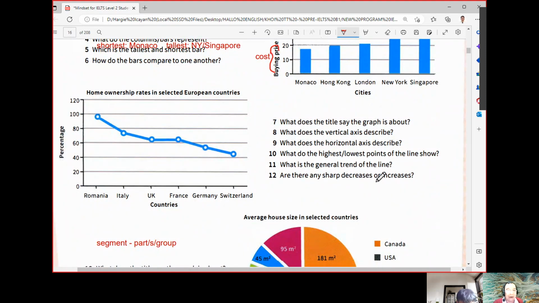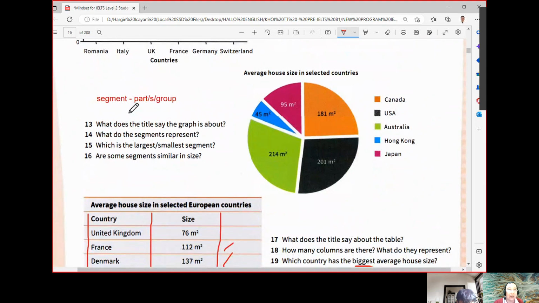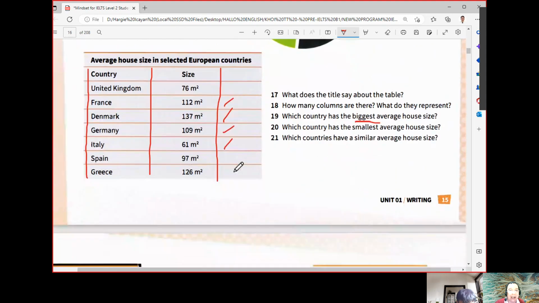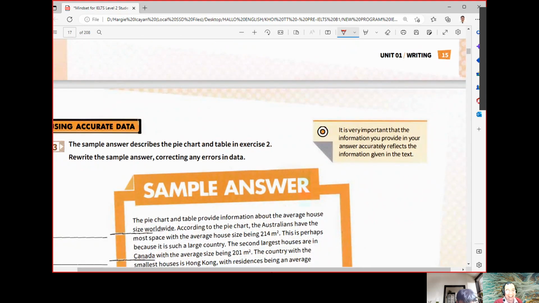For a pie graph, take note of the word segment. And for the table, take note of the columns. Once you master that, you can interpret them very quickly.